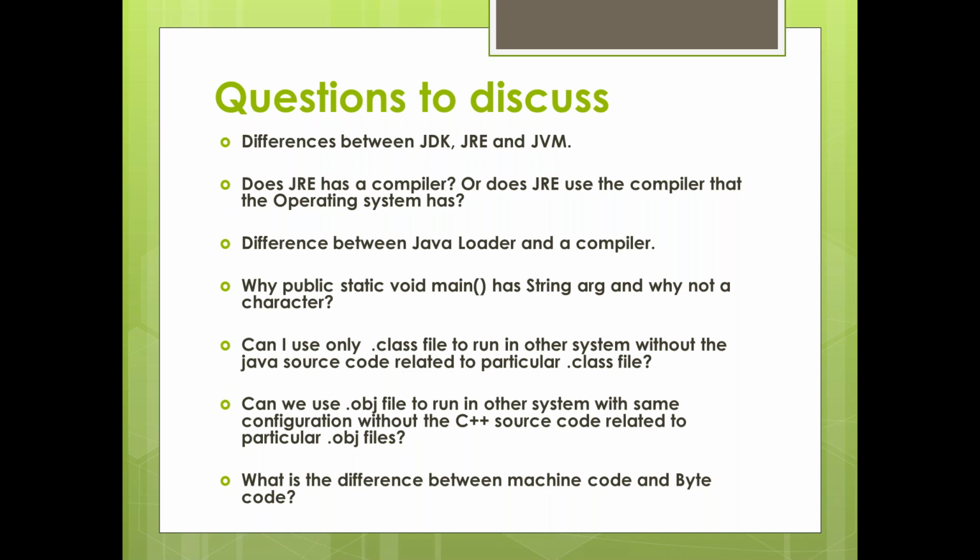Implicitly, all classes that we write or all classes that exist in Java extend, or inherit some properties from, the base class called Object, which is part of your java.lang package.